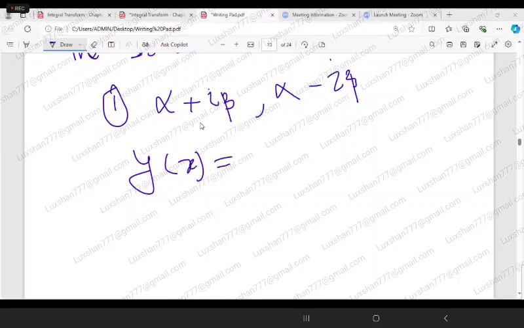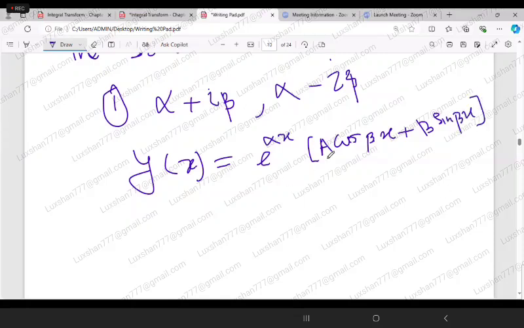Yeah, so then that becomes e to the power alpha x into (A cos beta x plus B sin beta x). Please write this one, because some of you forgot last time when I asked this.